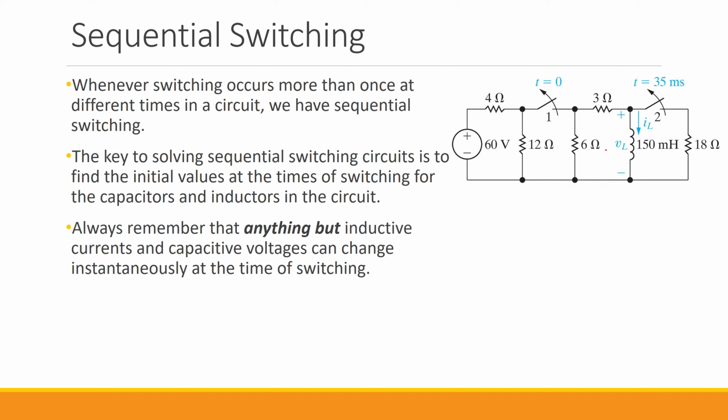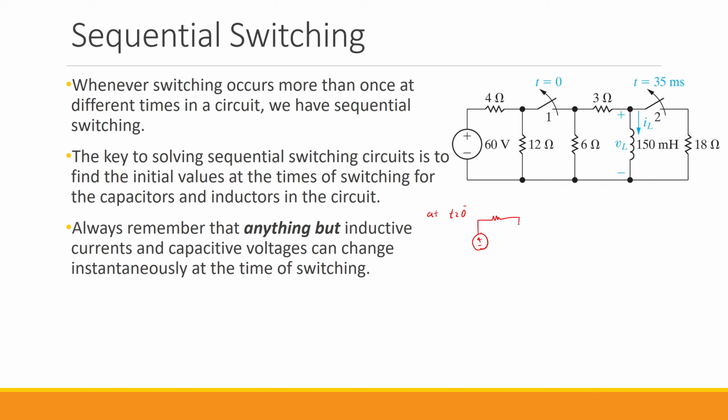If I want to draw several versions of this circuit at different times, we assume that this circuit has been in the original position for a long time before t equals 0, so we know that the inductor acts as a short circuit. So at a little bit before t equals 0, the circuit is like this.